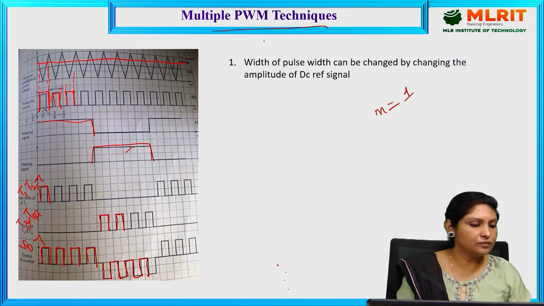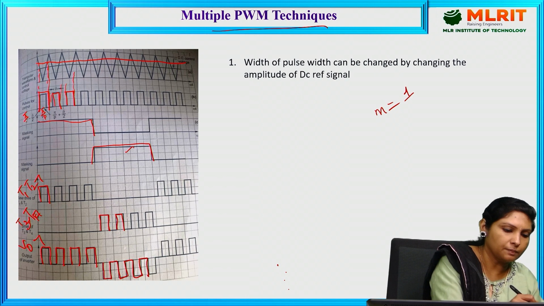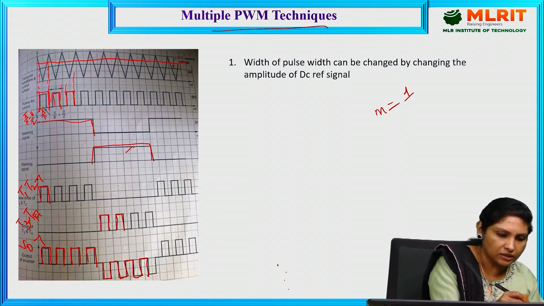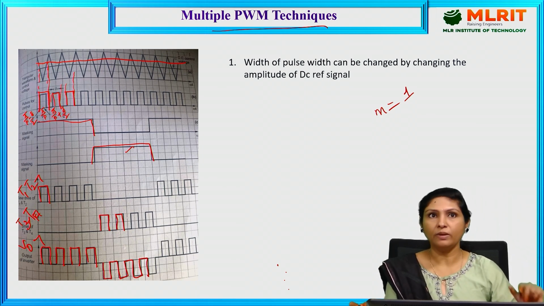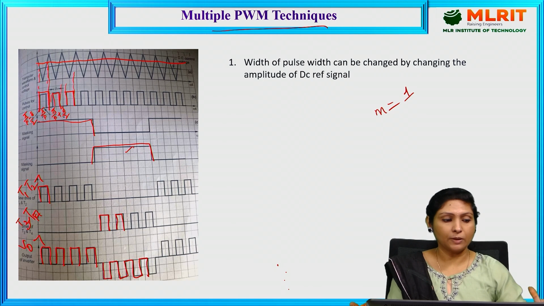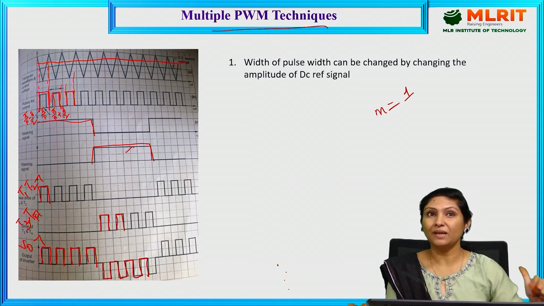And if you see here, this is pi by P, and this is the instant pi by P minus delta by 2, and this is the instant till where it is conducting, given by pi by P plus delta by 2. Here the waveform is conducting from pi by P minus delta by 2 to pi by P plus delta by 2.